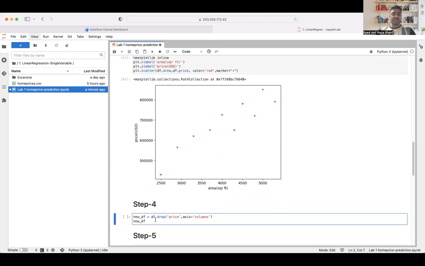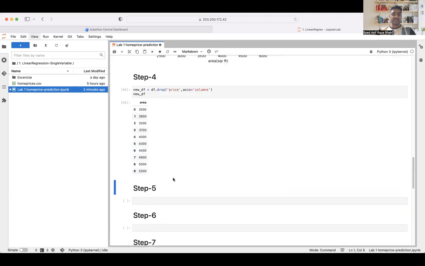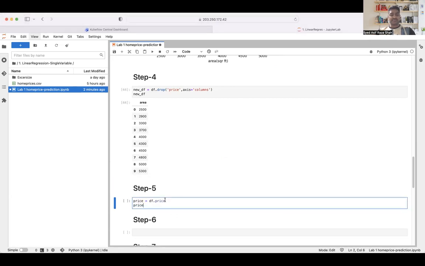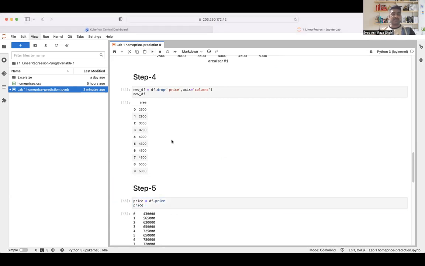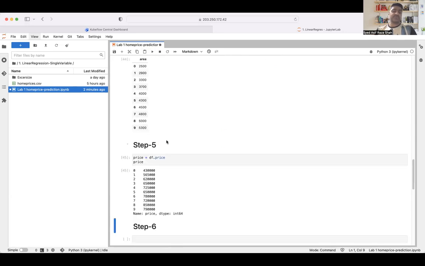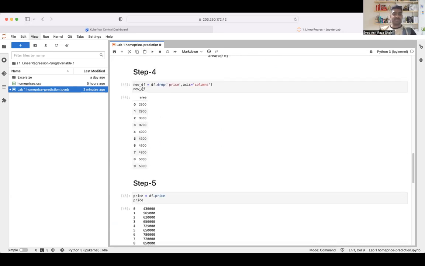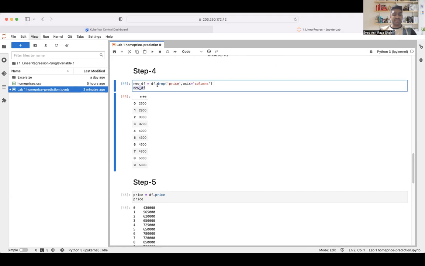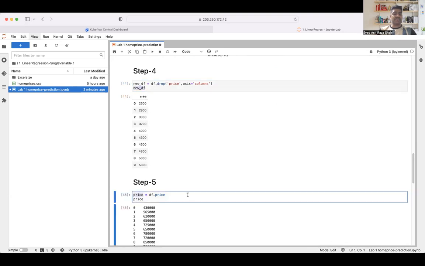But if we rewrite the new data frame and run this, you will have only area. Similarly, in step 5, you create a new data frame of price, and you run it, and you will only have the price data frame, right? So now we have the area separately in new df, and in price we have all the y information, meaning the price information.